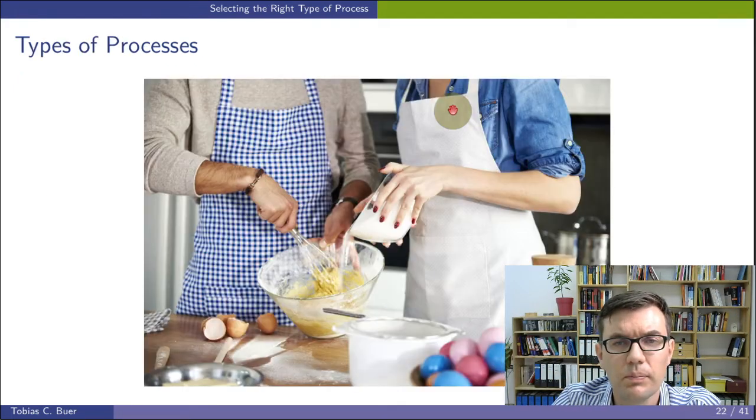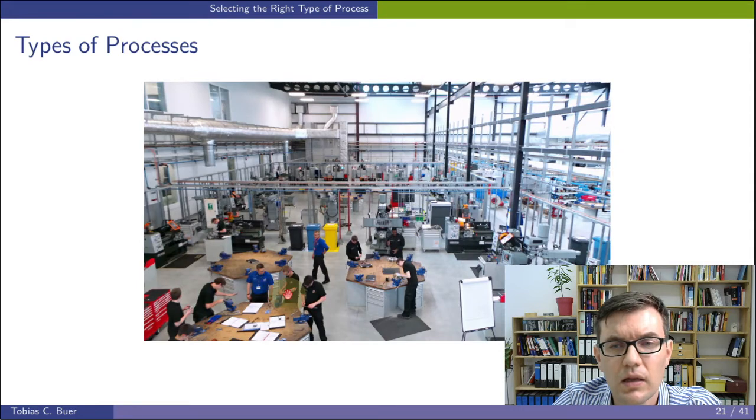Let's go back to the pictures. So in a baking factory, if you do it like these two guys in manual labor, you have very individual needs, and you deal with the individual needs with different machines. Here in this workshop, it is similar.